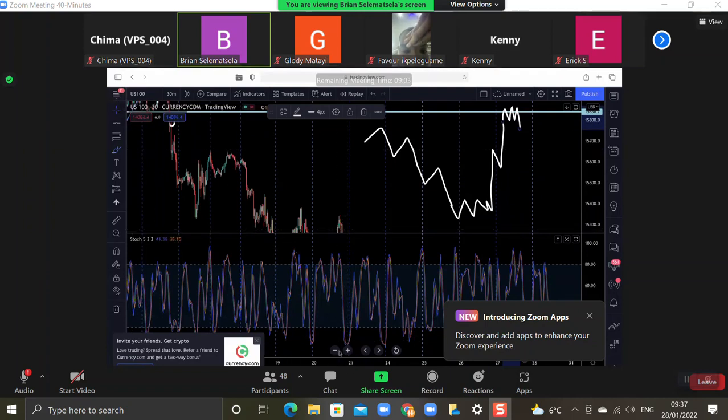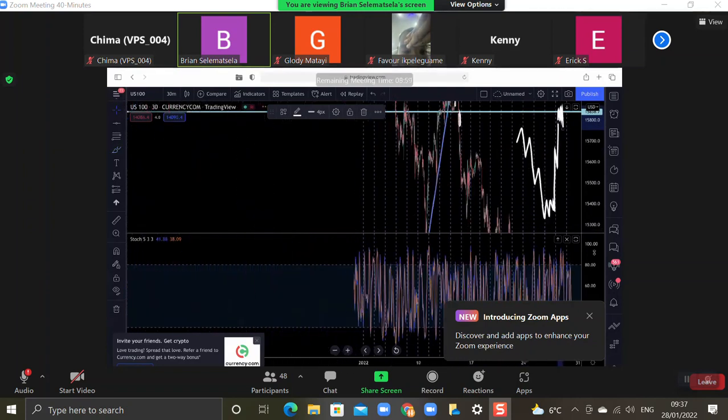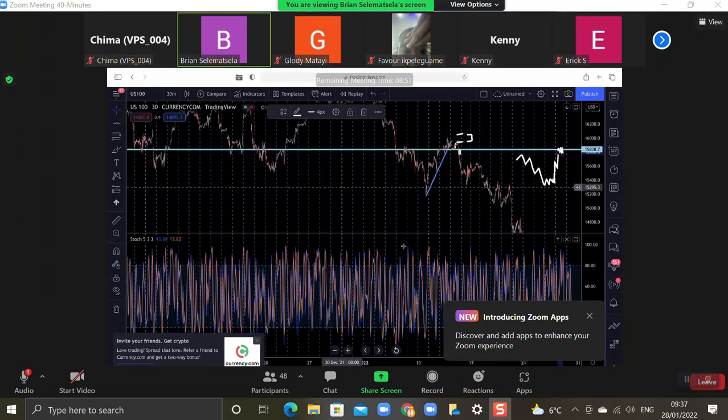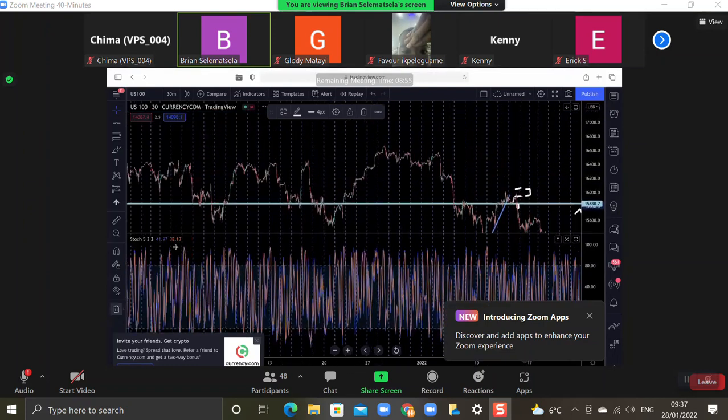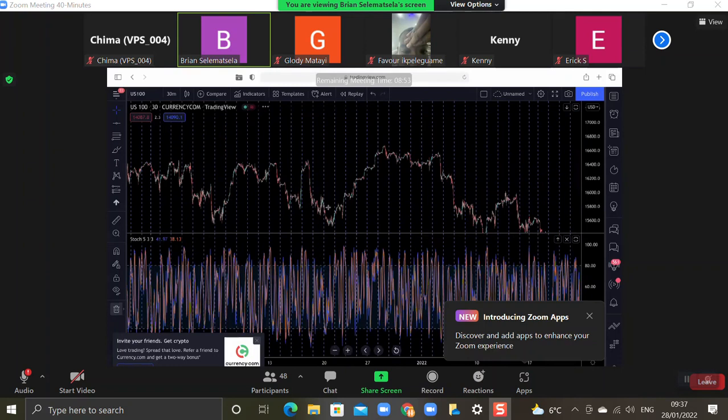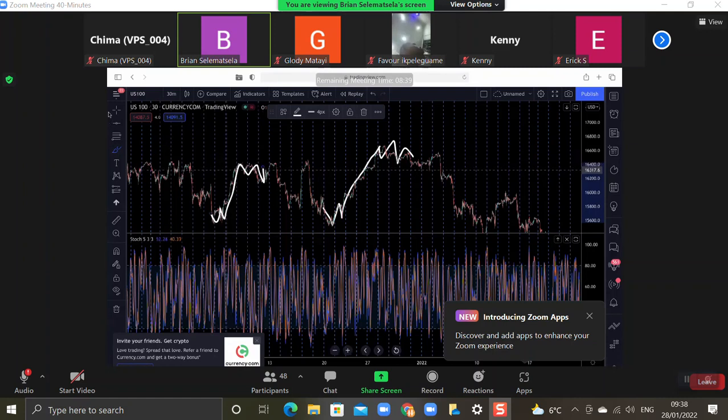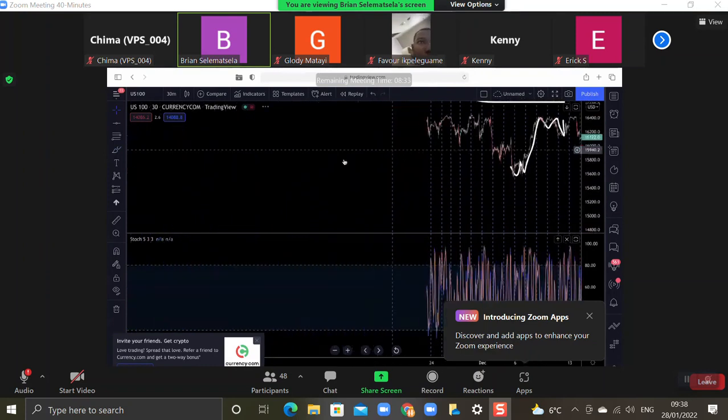So let me show the visual representation of what I'm talking about. Here it is. It went up. Now it starts to consolidate. Even here, it went up, starts to consolidate. And it happens in different forms or all together.